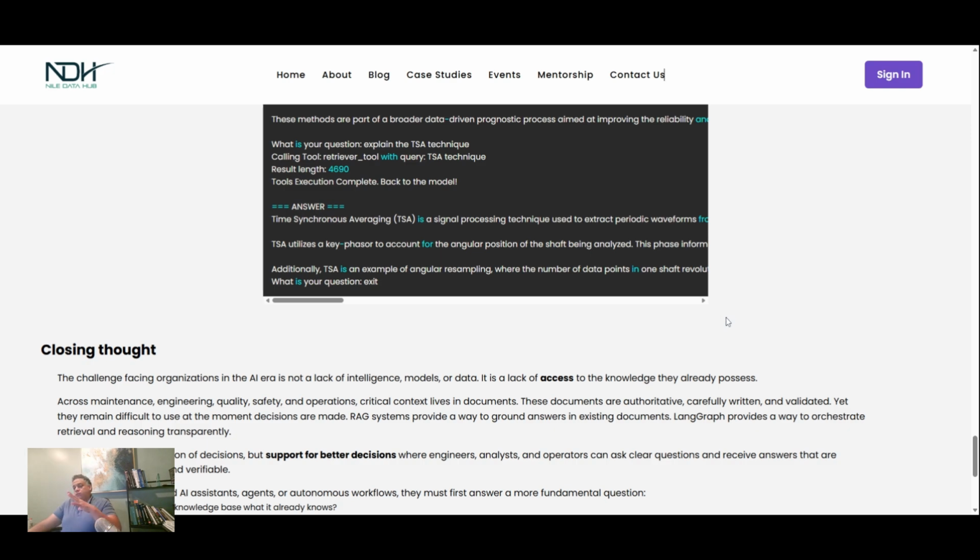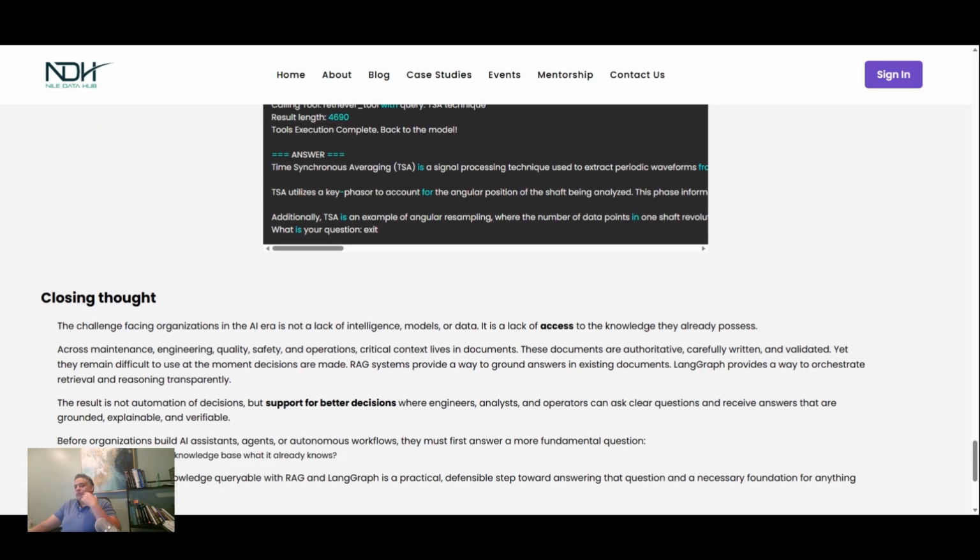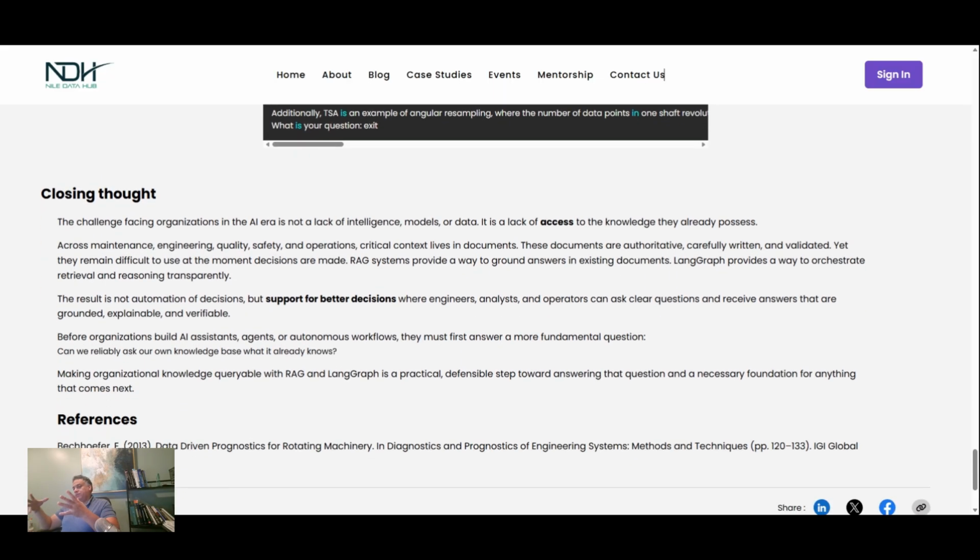So that's the way to really scale your operation. If you're having a shortage of engineers or technicians, this can act as a junior engineer that gives you at least the context and the exact sources, to hone in on the parts of the document that are of interest to you.